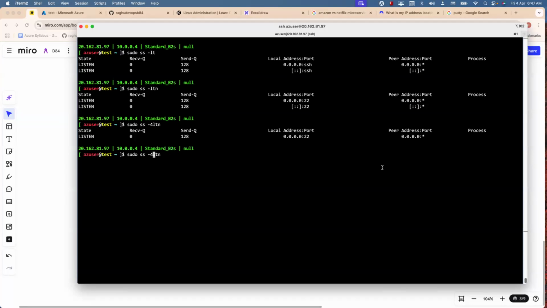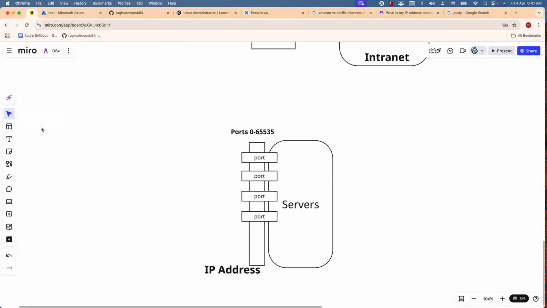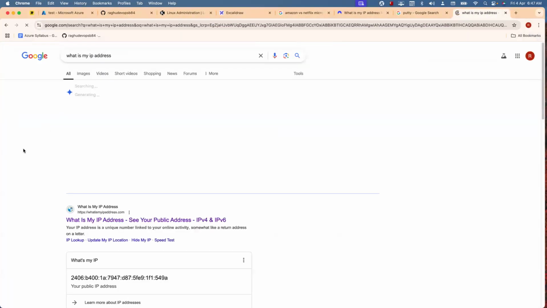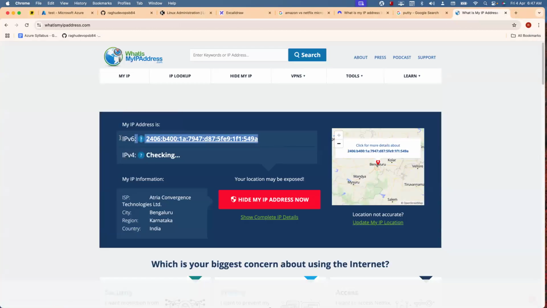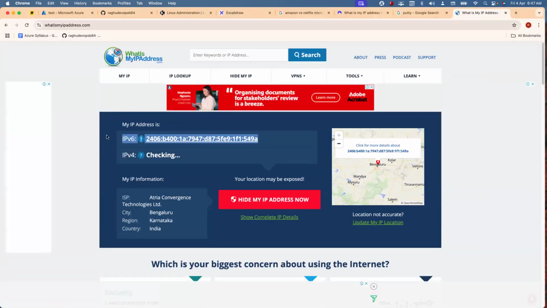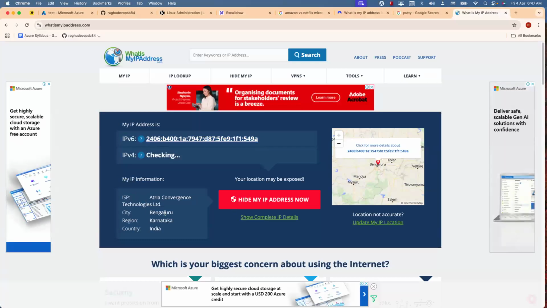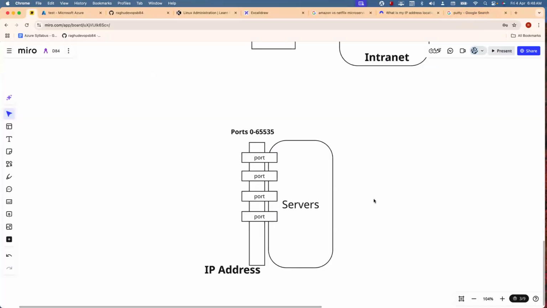If you have many devices, it becomes difficult, and that's where IPv6 came into the picture for a larger number of users. For example, on my internet connection, if I look up my IP address, I get an IPv6 address, because my ISP, a big one in India, probably went with IPv6 to connect many devices.